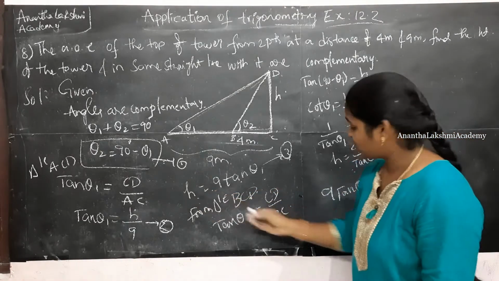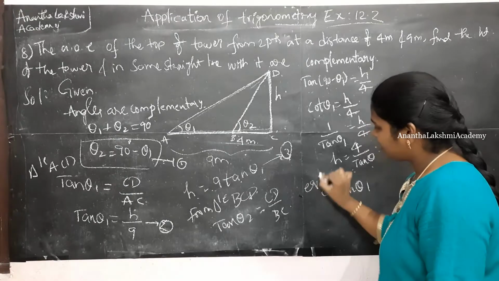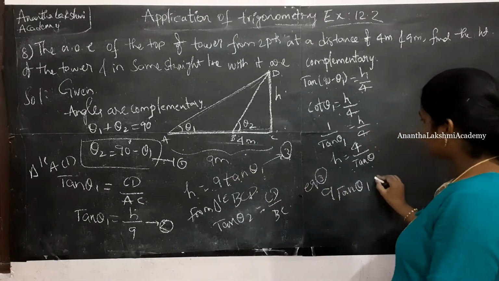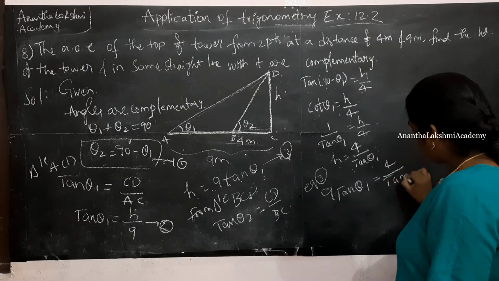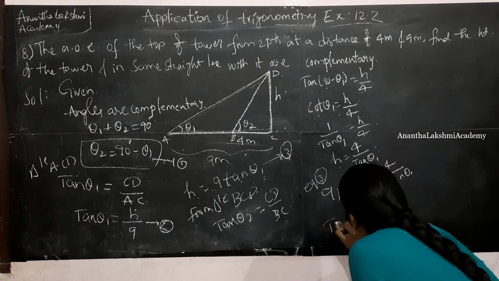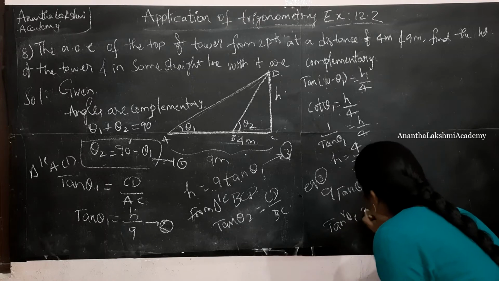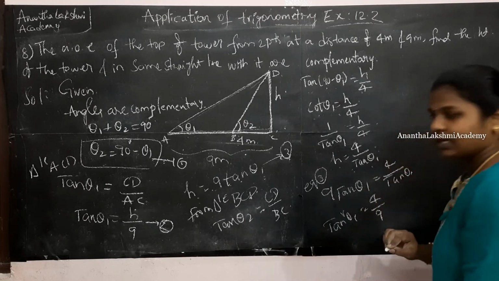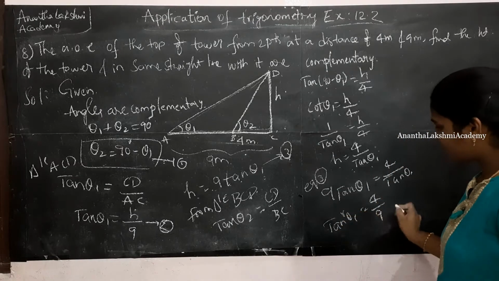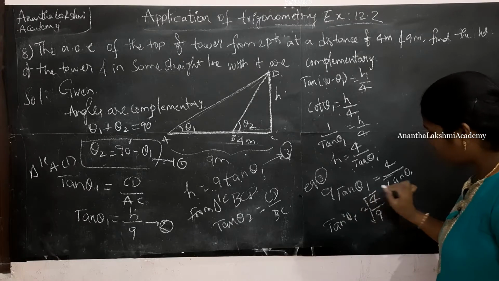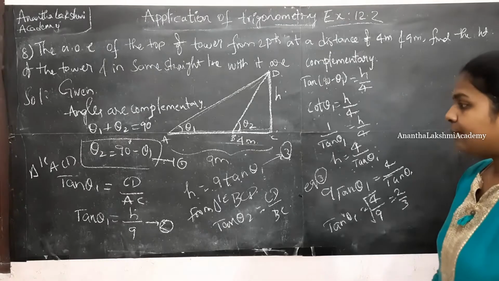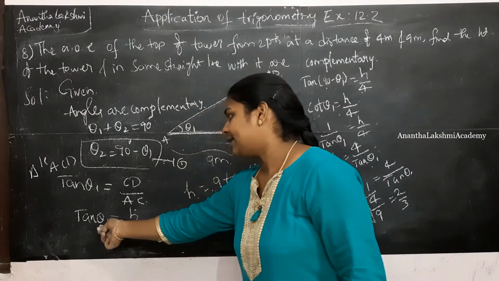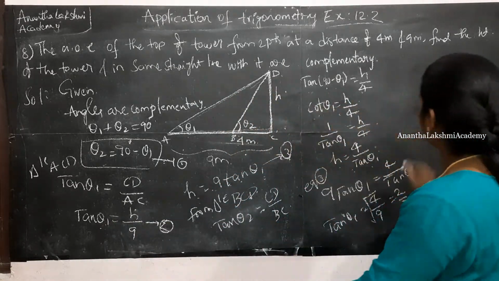But as per equation 3, we have H as 9 tan theta 1, which is equal to 4 by tan theta 1. So tan square theta 1 is equal to 4 by 9. If I remove the square, this becomes the square root of 4 by 9, which is nothing but 2 by 3. But we have tan theta 1 is H by 9.